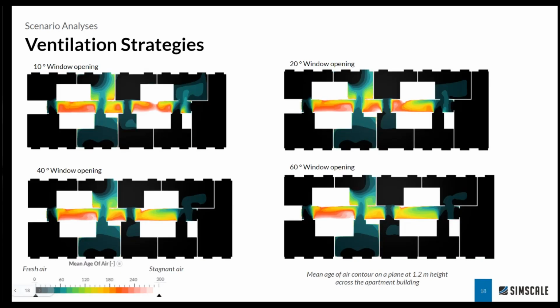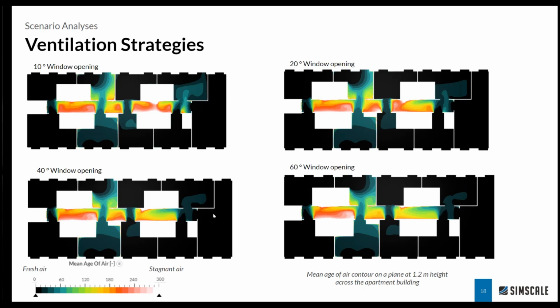The mean age of air plots give us pretty much a good idea about where inside this building the air actually stays stagnant and where we have a good amount of ventilation. For example, if we take the base case with 10-degree window opening, the regions which are plotted with black color have good ventilation, or a constant amount of fresh air is being ventilated through these regions.